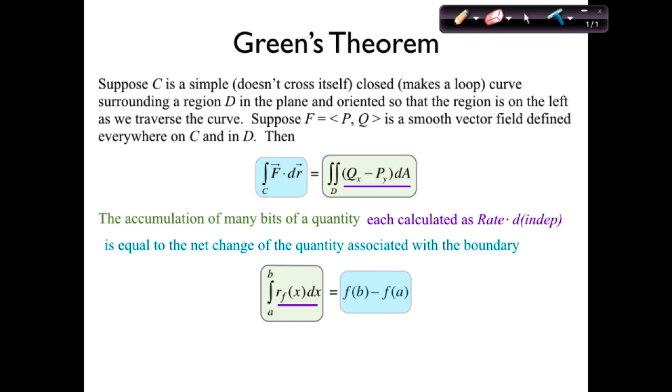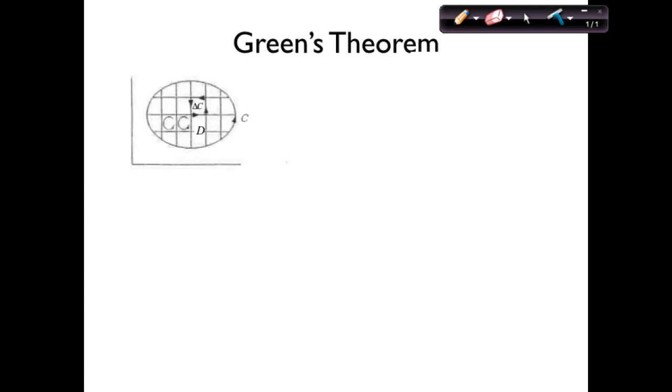Okay, so the proof of this, I'm going to just mention a few things of the proof of Green's theorem, but we don't have time to really work it out. So here's the idea. We're going to partition up the interior of C. We're not going to do the proof of Green's theorem, but what I'm choosing to talk about now is very important.